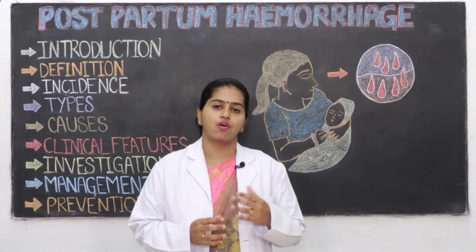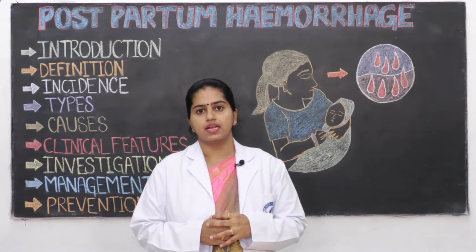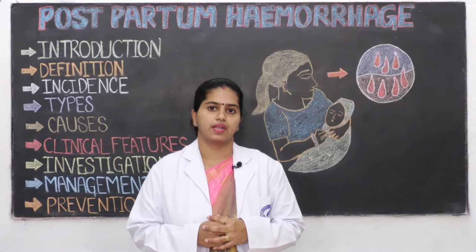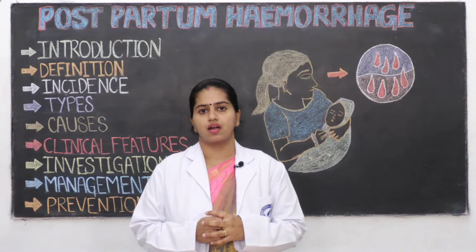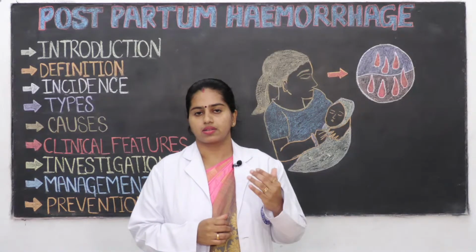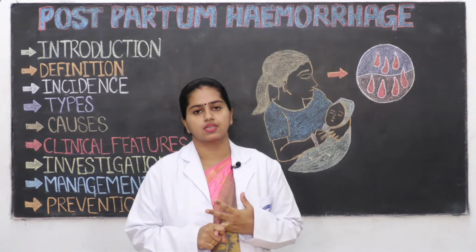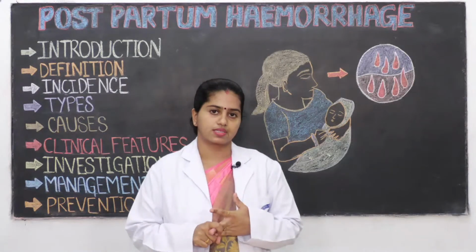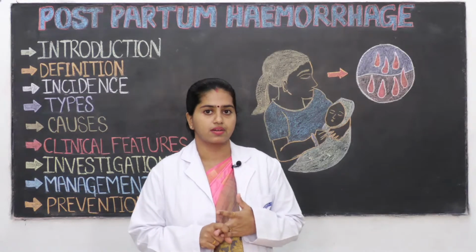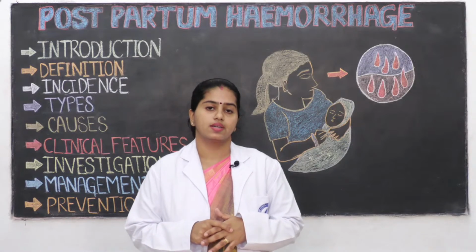So we can follow the procedure of active management of the third stage of labor. In the active management of the third stage of labor, all the mothers can be given fundal massage after the delivery of the fetus or the placenta. Fundal massage can be given, then oxytocin injection or the drug of choice misoprostol, which are known as uterotonic drugs, and use of controlled cord traction.